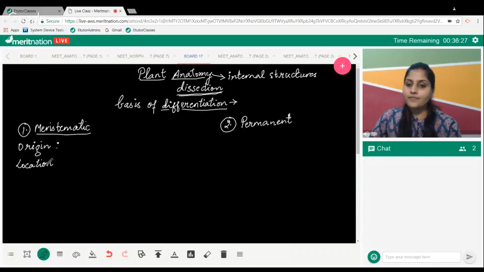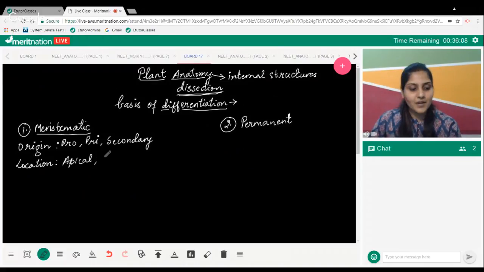So we can have pro-meristem, primary meristem, and secondary meristem. On the basis of location, we can have apical meristem, intercalary, and lateral meristem.